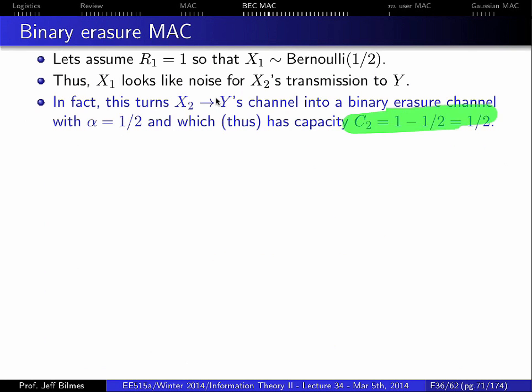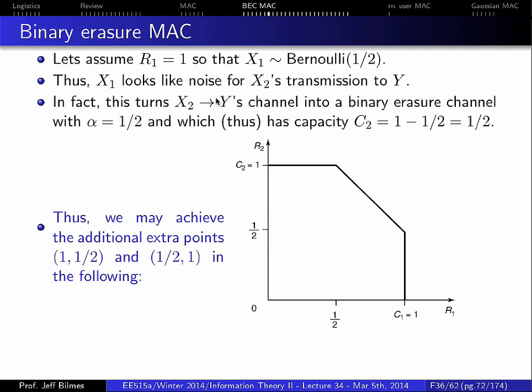So that becomes the capacity C2. So what we've said is that rate 1 is 1, so we've got this point down here working, and rate 2 is 1/2. And since we can get any point in between, we've got this line here. So it's not necessarily the case that we have to just do this diagonal here. That's not the boundary, in fact.